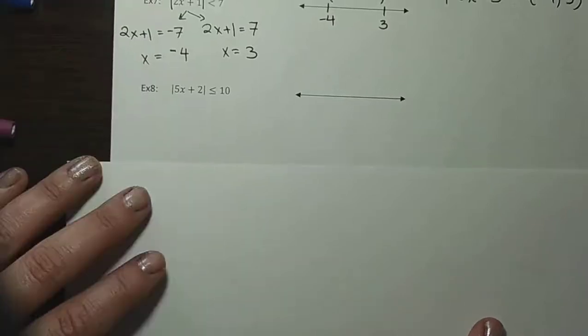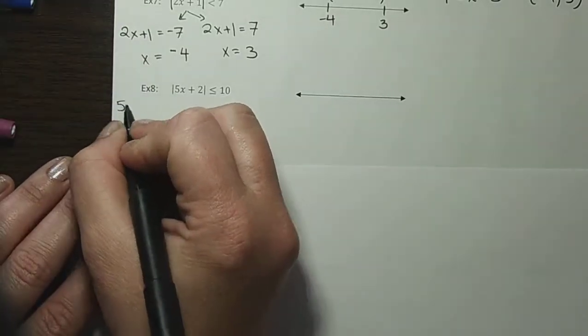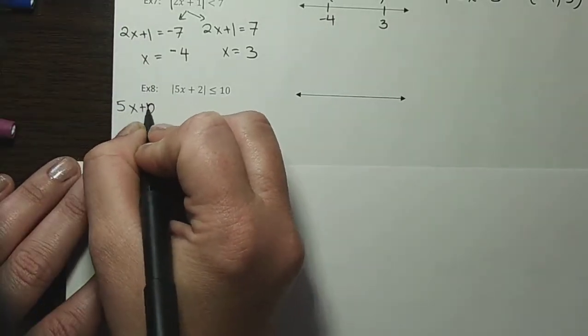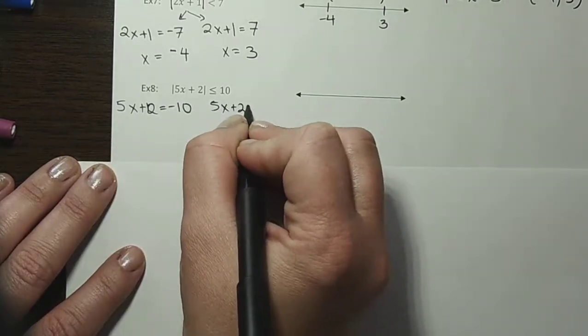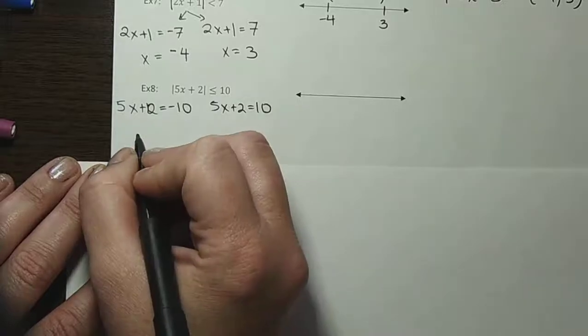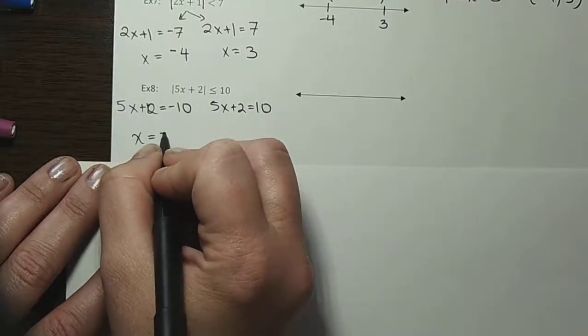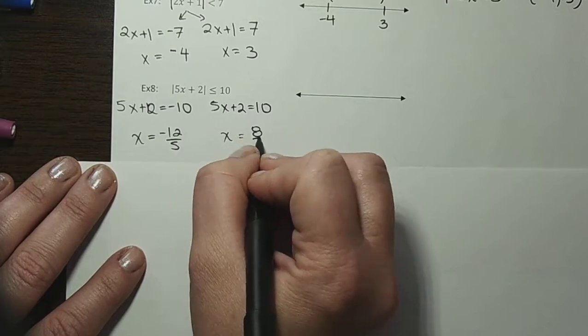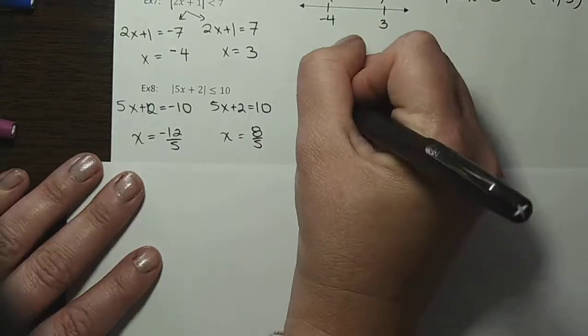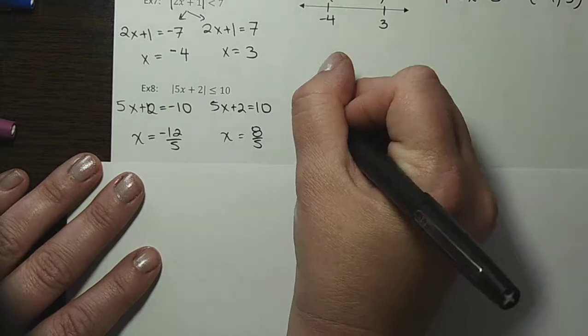So again, we're going to solve it like an equation, just like we did on the previous page. 5x plus 2 could equal negative 10. 5x plus 2 could equal positive 10. To save time, I'm going to solve for x. X could equal negative 12 over 5. X could equal 8 over 5. So we're going to throw those on the number line.